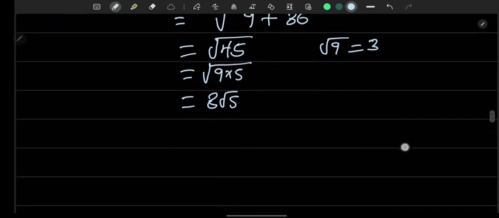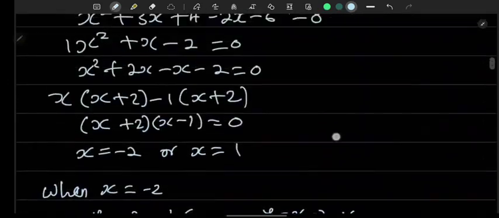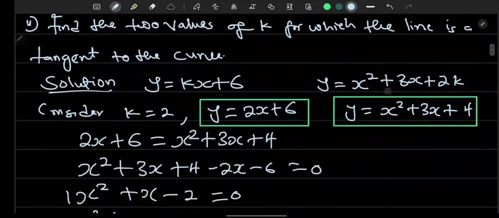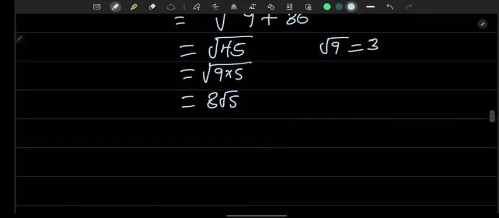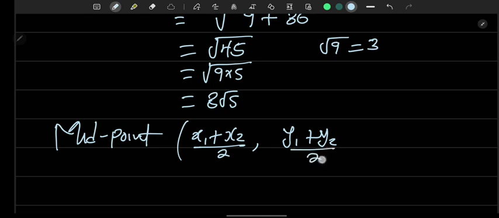Now, in that same question, we need to find the coordinate of the midpoint of A and B. We have that here: find the distance AB, we've gotten that, and the coordinate of the midpoint AB. Now, to get that, we have the formula for midpoints. The midpoint of 2 given points is (x1 plus x2) divided by 2, then (y1 plus y2) over 2.